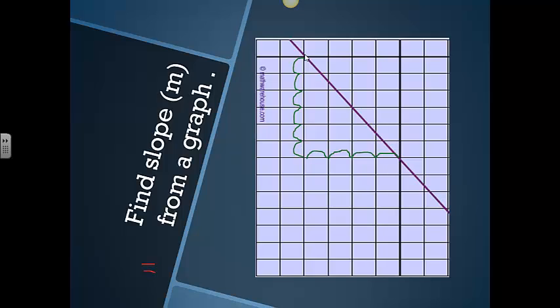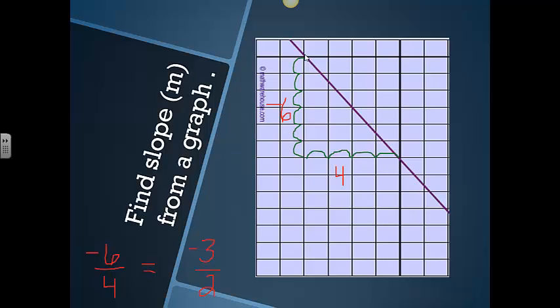So it's down 6 and over 1, 2, 3, 4. So down is negative, so that's the same thing as negative 6, and then to the right, positive 4. And negative 6 over 4 reduces to negative 3/2.